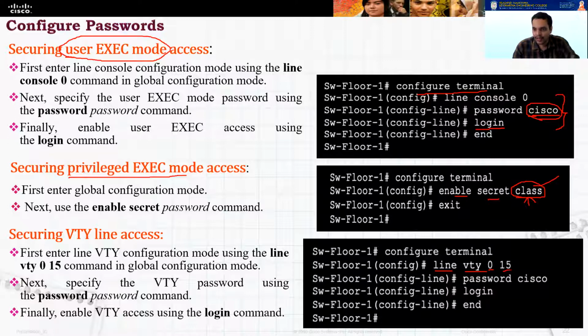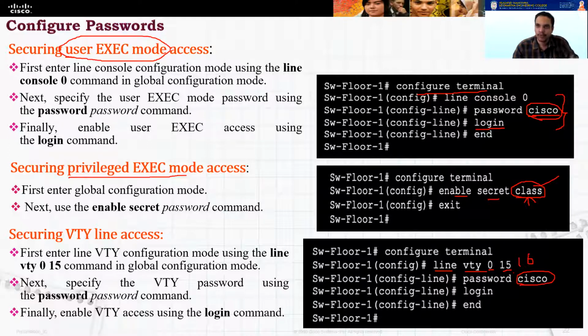So for all 16 different virtual connections, I am typing the password as cisco. Once again, the same thing. Just like console 0, I am typing vty 0 to 15, because vty stands for virtual lines, and 0 to 15 stands for the 16 different virtual lines that your switch is capable of.